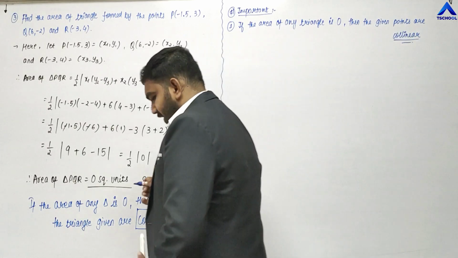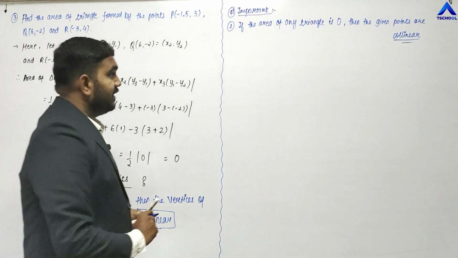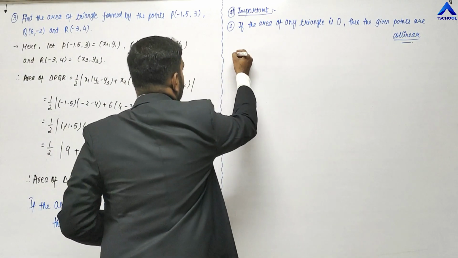Right? If the area of the given triangle, or of any triangle, is 0, then the points given to you to find the area of the triangle will be collinear. So, if the area of any triangle is 0, then the given points are collinear.